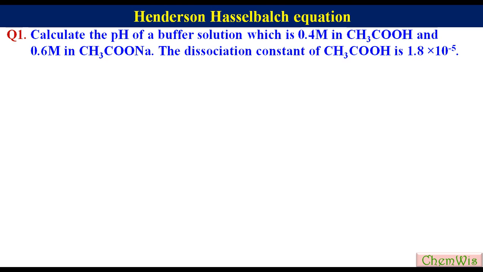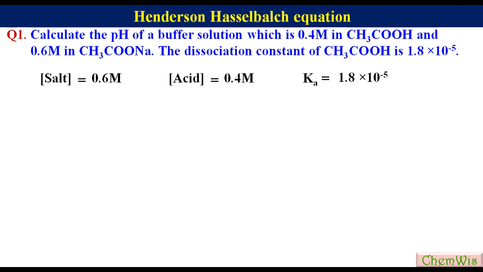The dissociation constant of acetic acid is 1.8 × 10^-5. Given that the molar concentration of salt is 0.6 molar, the molar concentration of acetic acid is 0.4 molar, Ka is 1.8 × 10^-5.